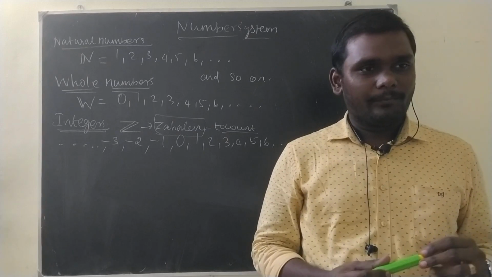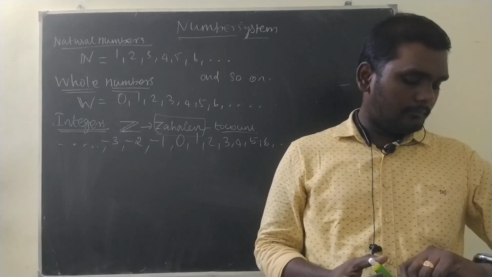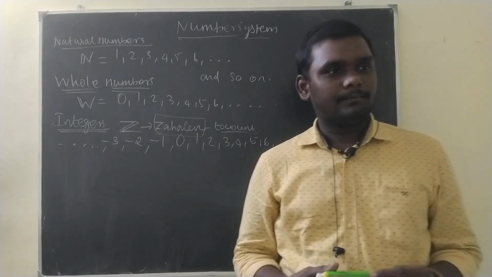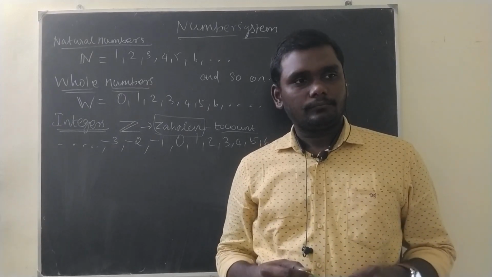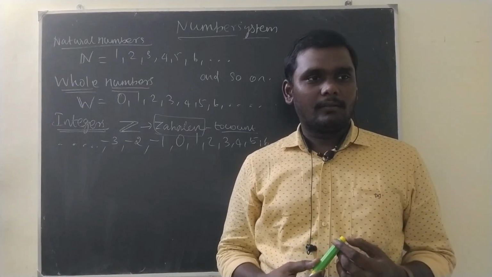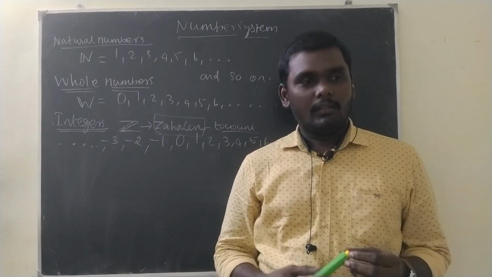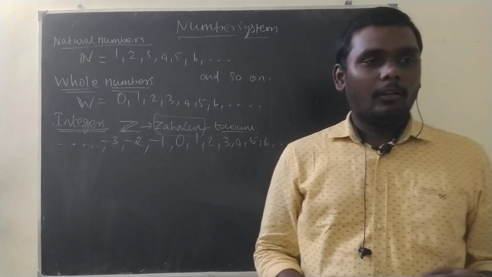What are those? What is a natural number? It starts with 1, 2, 3, and so on it goes. And after that, whole numbers.